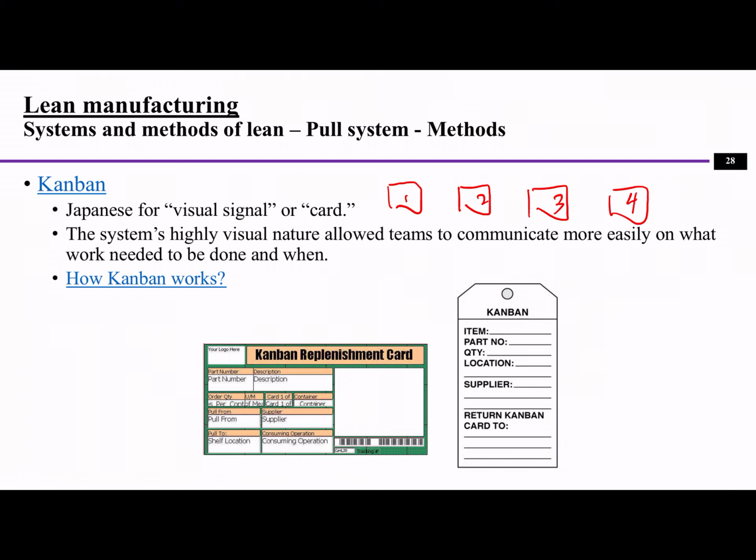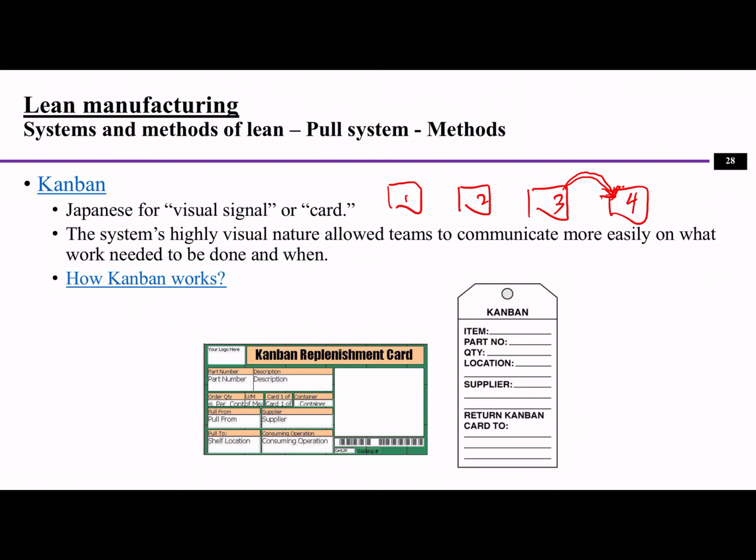Process 3's production or activities are triggered by what? It's triggered by 4. So how does 3 know that it needs to make more? Because this information is from 4. But how does it work? It works with a Kanban.